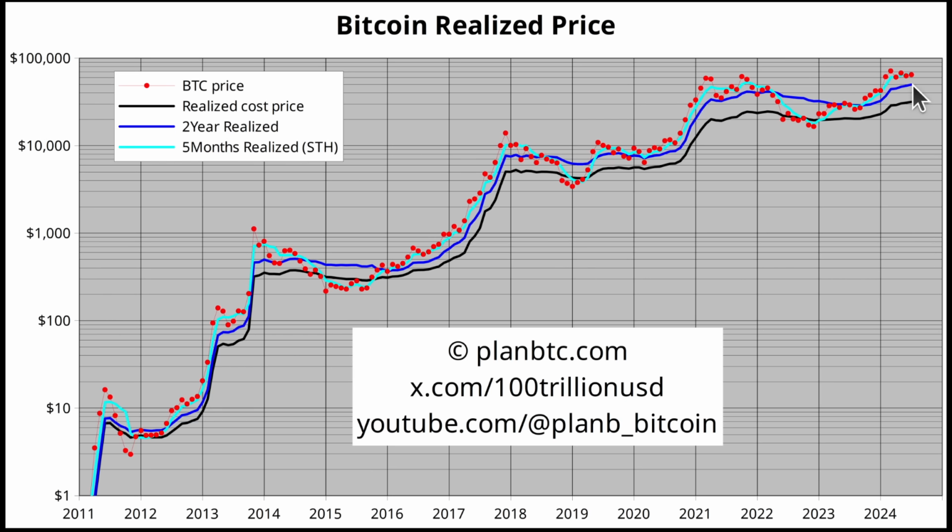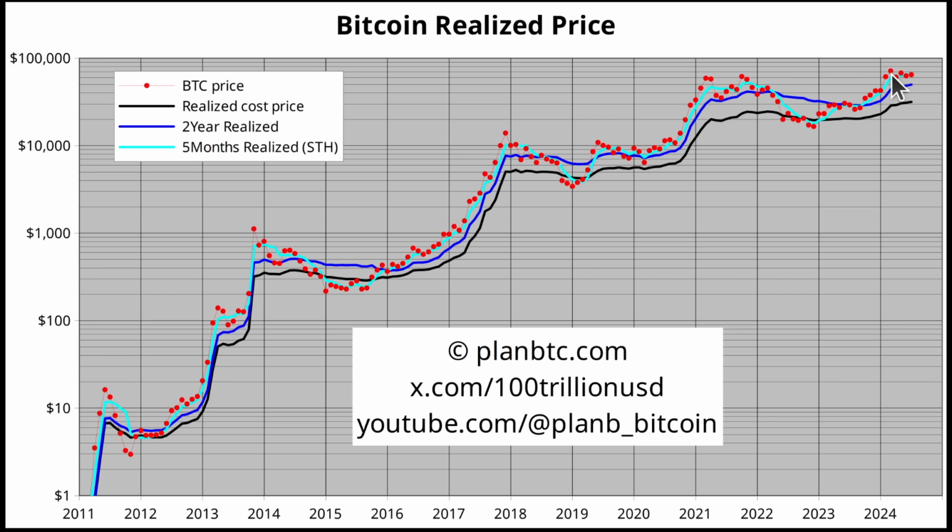If we only include the last 2 years, so the 2-year realized price, of course we miss all the older prices, so all the low prices, and so that value is higher. So the 2-year realized price is 50,000 right now. It's the dark blue line, 50,000.